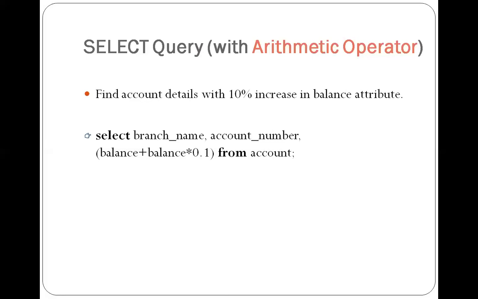And 10 by 100 means 0.1. That means balance plus balance into 0.1, the entire value, from account. So here we are using this arithmetic operation instead of only the balance attribute. In such cases, we need to use the arithmetic operators.